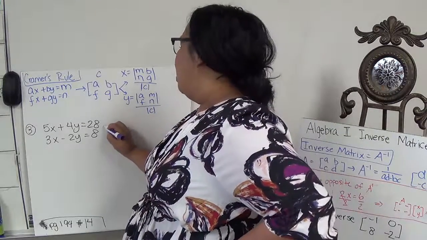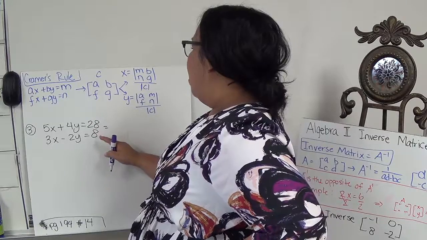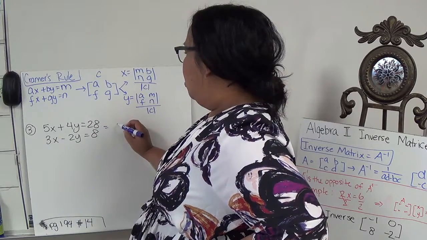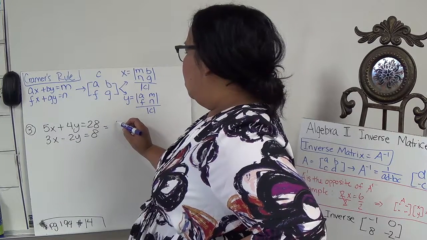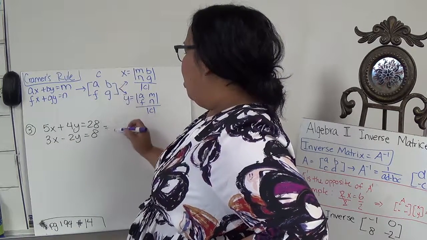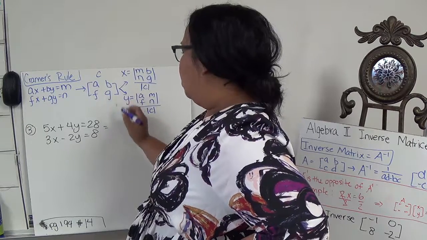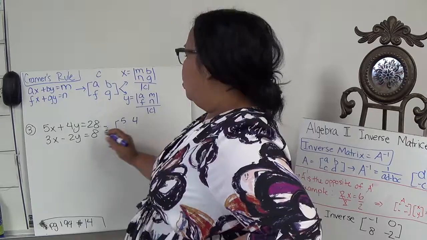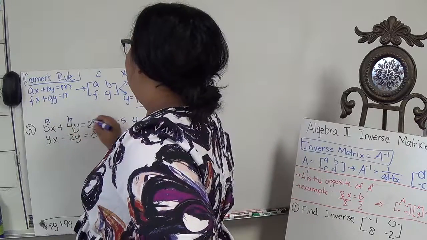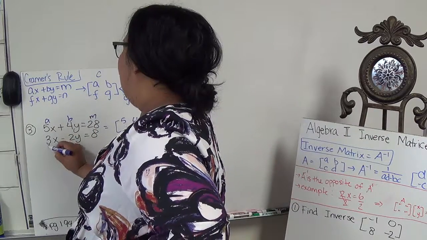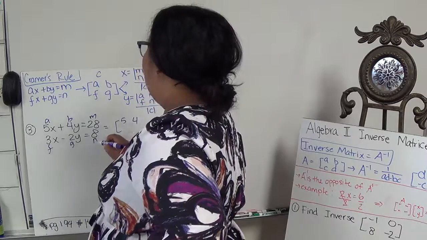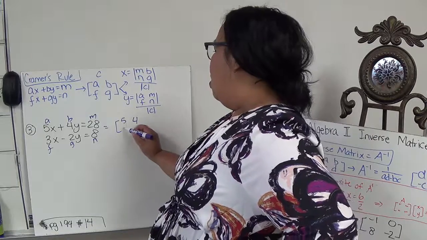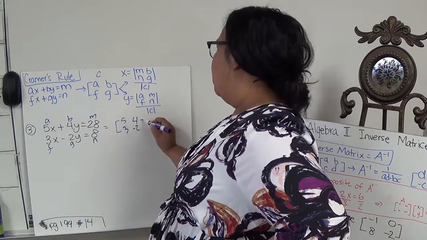So I'm going to go ahead and put this into our determinant. It's our A, B is 5, 4. So this is our A, B, this is our F, G, without the letters, and without the X and Y. So 5, 4, 3, -2.